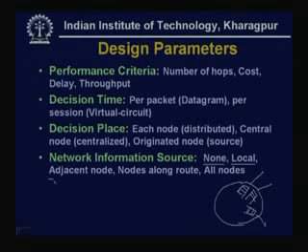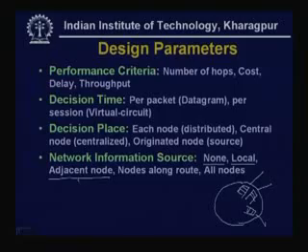The third possible alternative is that a particular node gathers information from the adjacent nodes, from its neighbors, and accordingly does the routing. Then we call it adjacent node. It gathers information from adjacent nodes, or it may be nodes along the route. The particular node before routing gathers information from all the nodes along the route, then decides whether it will forward in that route or in some other nodes.